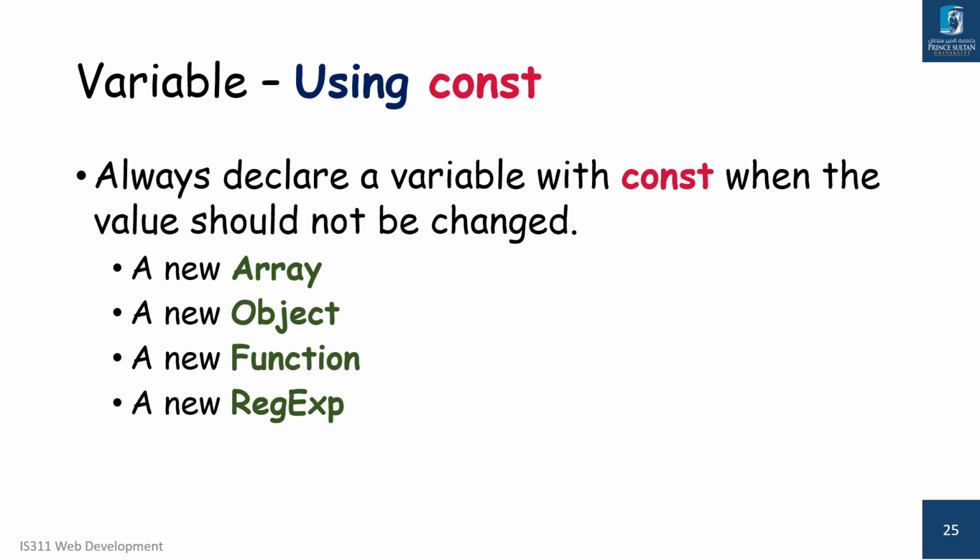Of course, that is a programming error, but JavaScript will not tell you that you are making a mistake. So to avoid those kinds of situations, we try to use const so that we don't unintentionally or by error change the value of the variable itself.